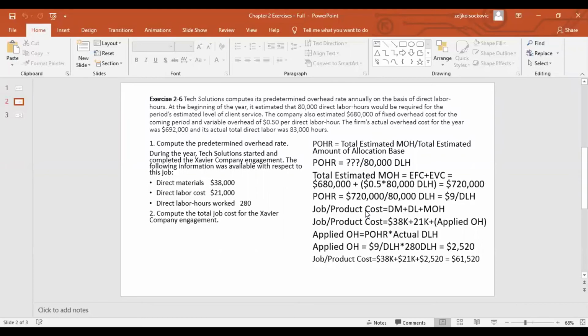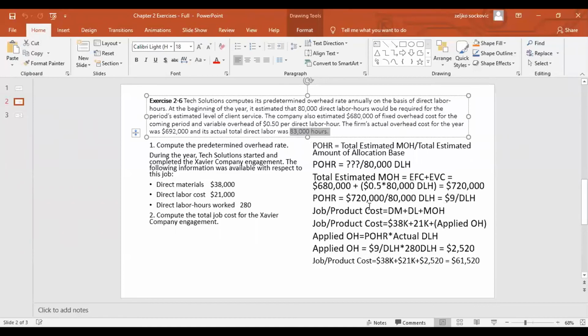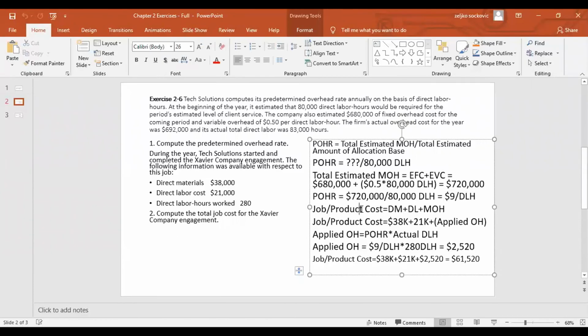Well, first you had to find POHR, right? POHR is here. And then once you find POHR, you multiply it by the actual hours. First I said you multiply it by 83,000 because I was thinking about the total, but we don't care about the total overhead here. We care only about this job, and this job used only 280 direct labor hours.